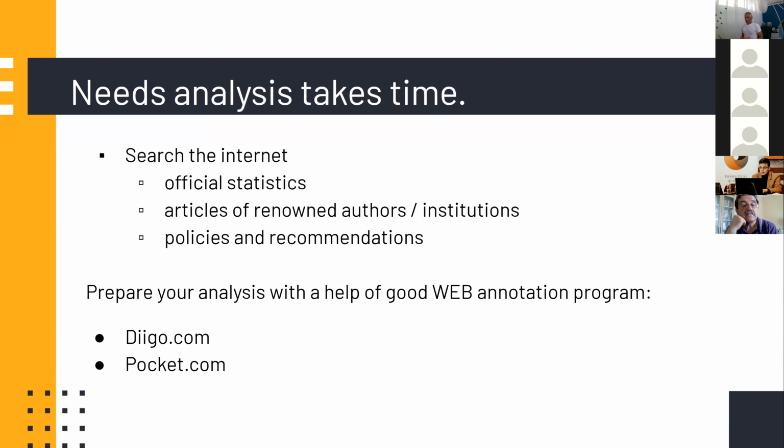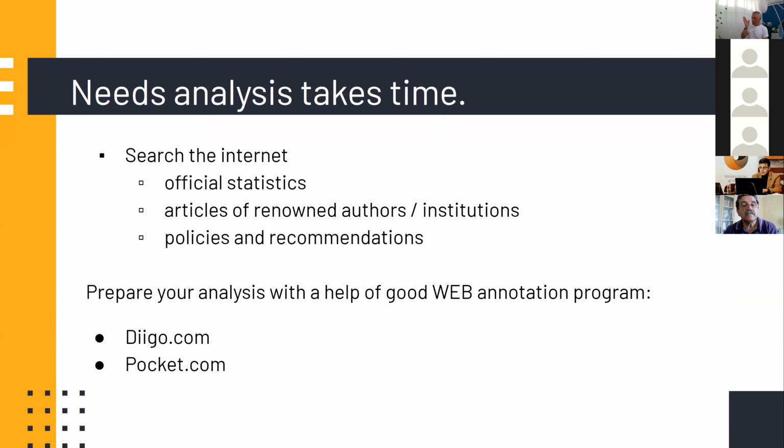So needs analysis always takes time, so just don't try to do it in 5 minutes. Search the internet, search the official statistics, search articles of renowned authors or institutions in that field. So you need to know who is, for example, very good in that field. Policies and recommendations, you know. Sometimes it's also very good to know what Europe is writing in that field.